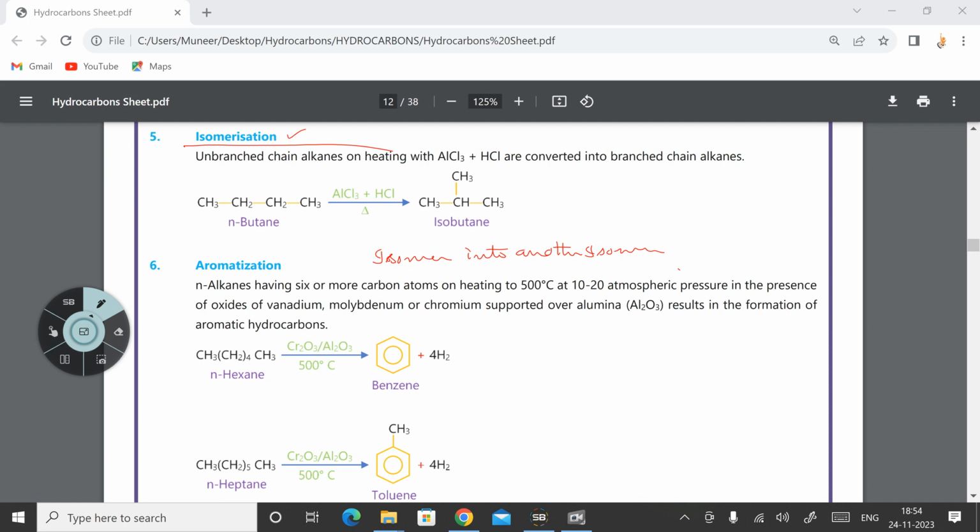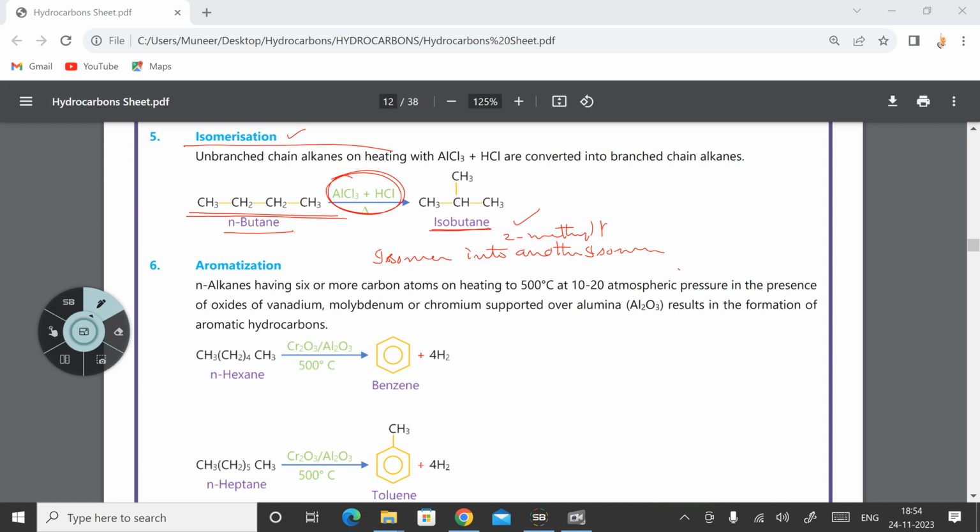See, when long chain alkanes are heated in the presence of AlCl3 and HCl, as a result, branched alkanes are formed. See here, no branch is present. What is its name? n-butane, normal butane. This is converted into isobutane or 2-methyl propane.